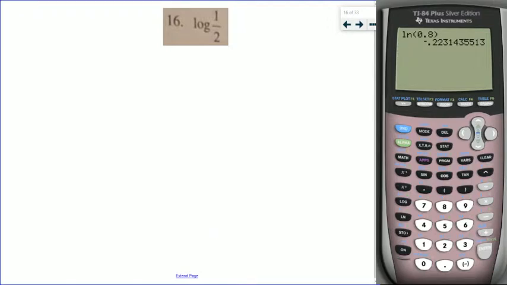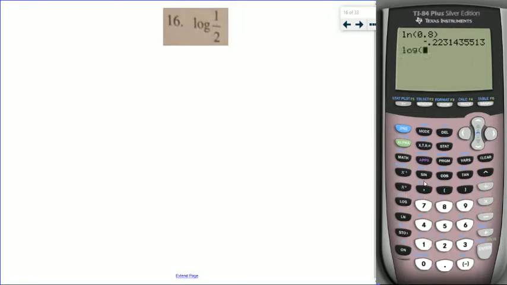Next, we're going to look at log base 10 of 1/2. This is another one we can put into the calculator. The two logarithms that your calculator can do are right here, ln, which is logarithm base e, and then this one right here, which is logarithm base 10. So if we don't see a base, we're looking for the base 10 version of our logarithm.